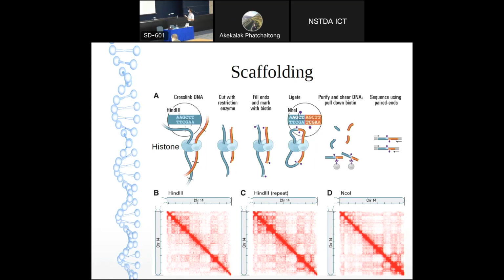The ends of this then get marked with biotin. They get ligated so that the DNA actually joins together. And then this DNA gets sheared, allowing us to isolate the biotin-labeled DNA, which then gets sequenced using paired-end sequencing.